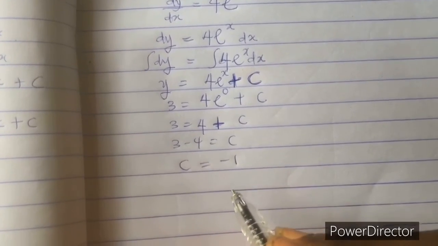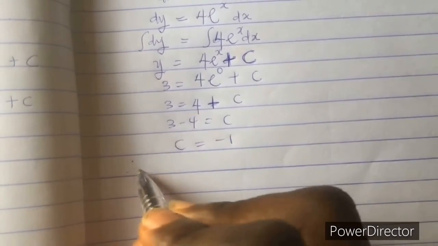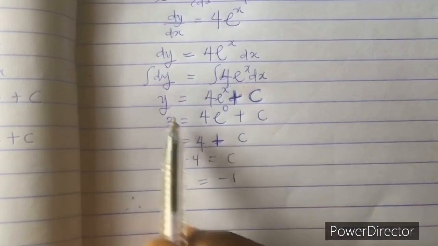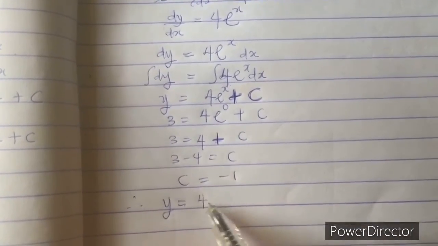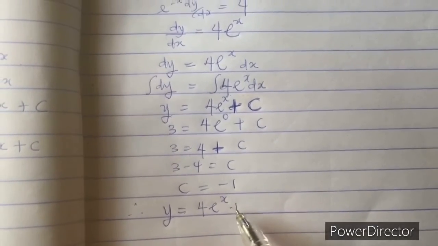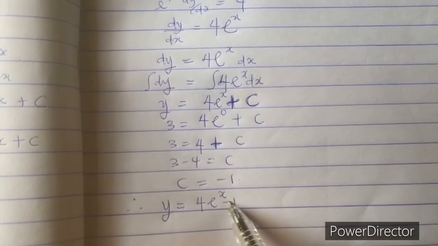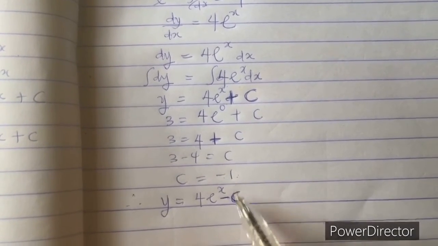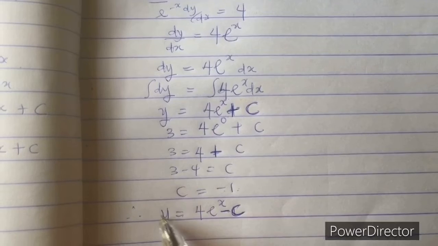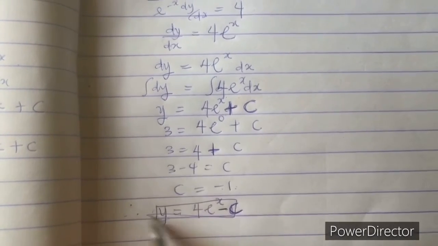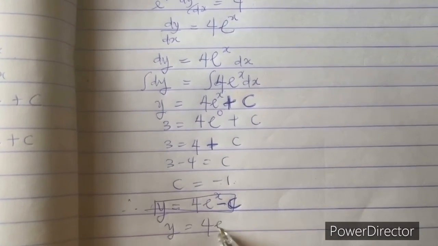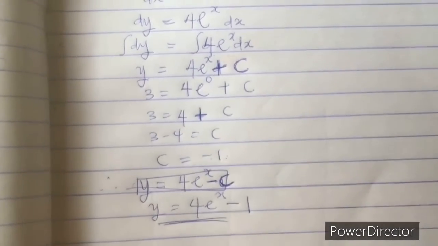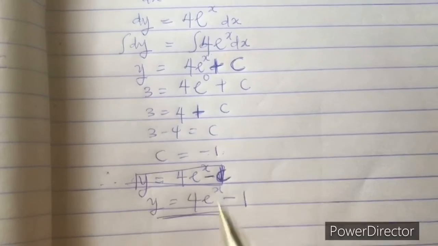We can now go back to the equation and say y equals 4 e to the x, and instead of plus c, that will be minus 1. Sorry, that will be y equals 4 e to the x minus 1. Thank you, yeah, that's correct. That was a mistake, I wrote 1 here.